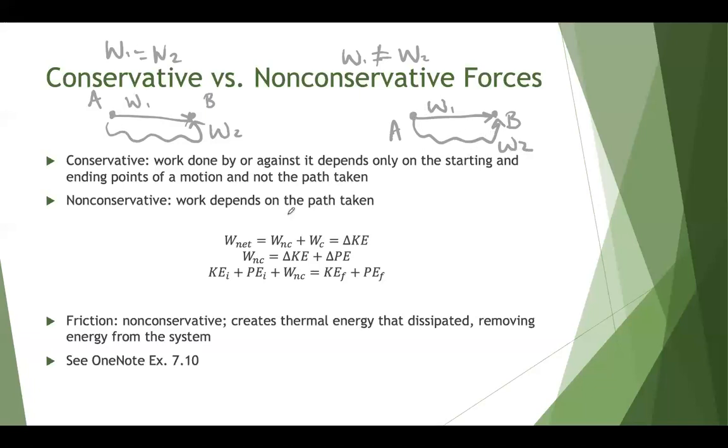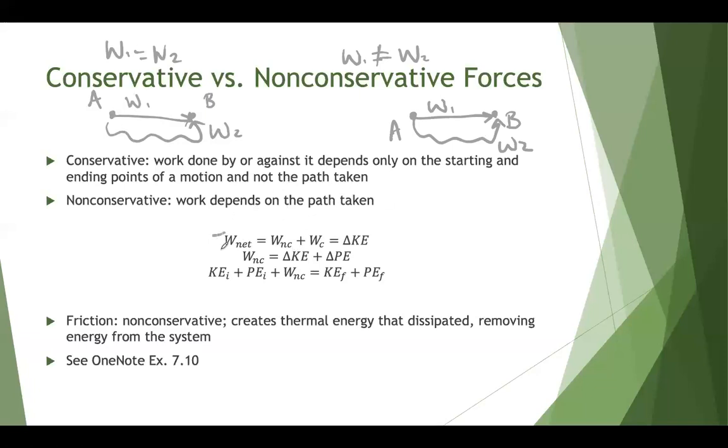So in order to take that into consideration, we're going to have to treat them a bit differently. So now instead of our net force just being the work done by conservative forces, we are also going to have to take into account our non-conservative forces.